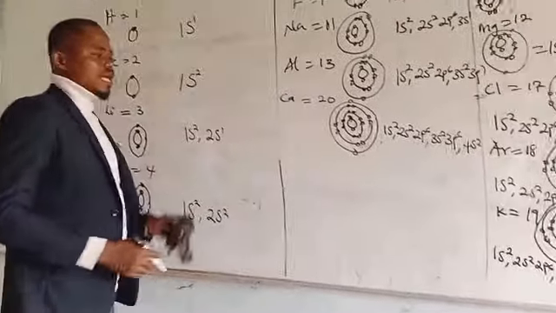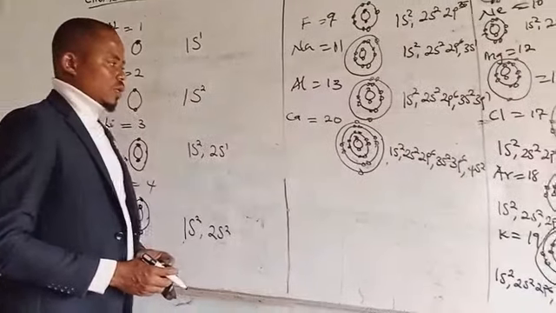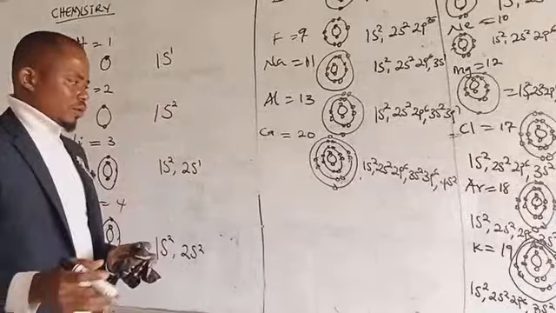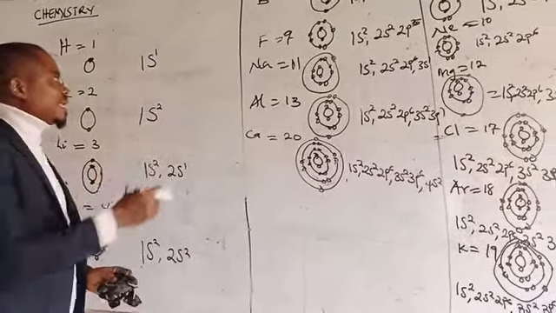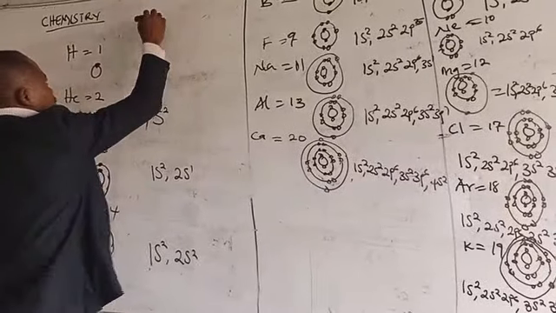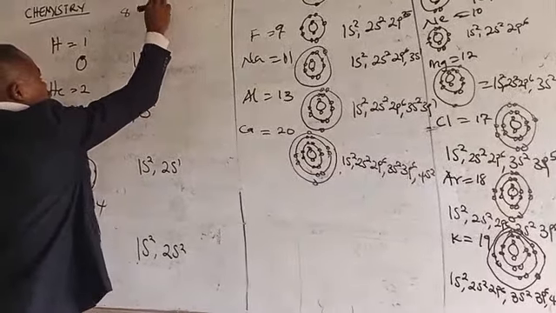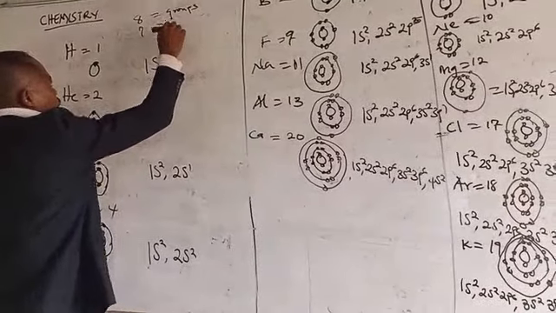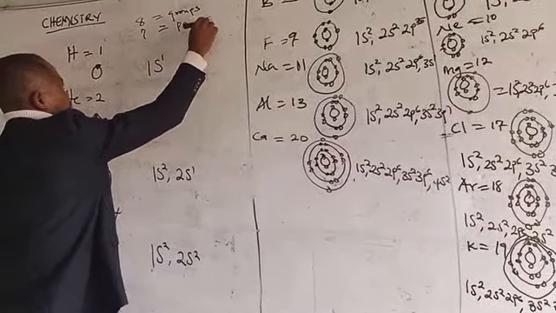Now we're going to arrange these elements into the periodic table. The periodic table is classified into groups and periods. We have 8 vertical columns called groups, and 7 horizontal rows called periods.